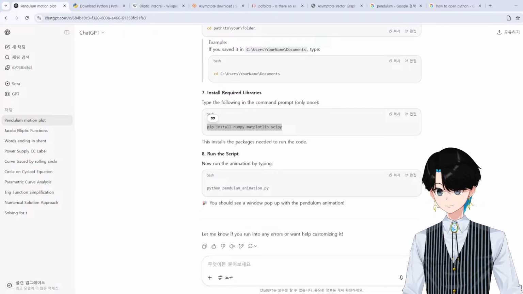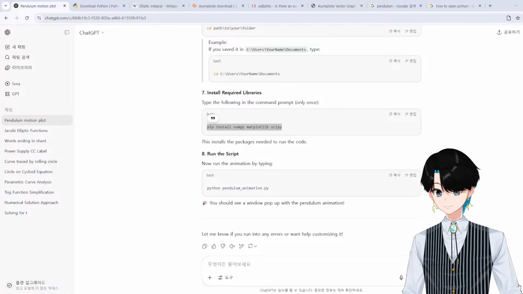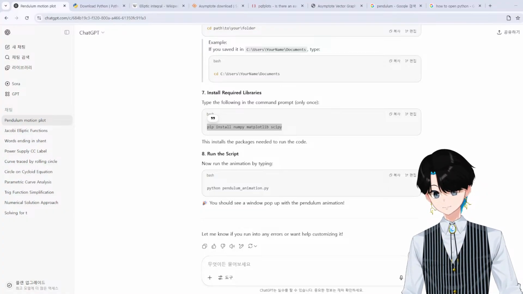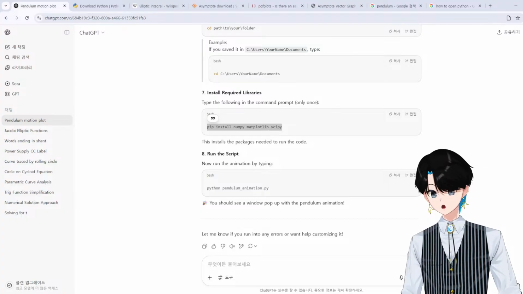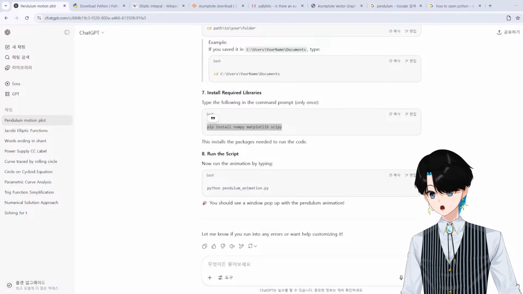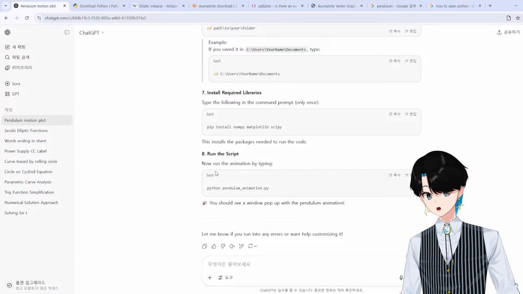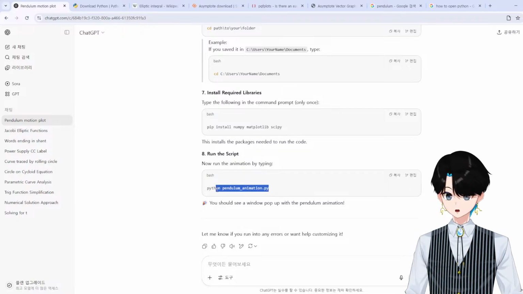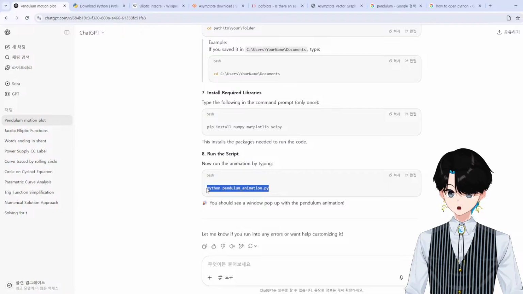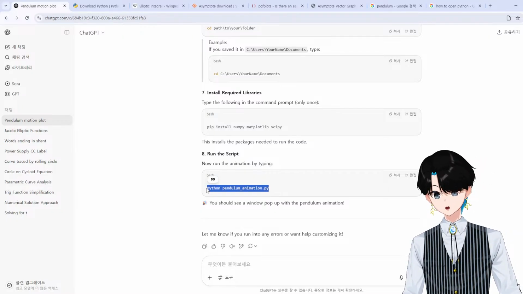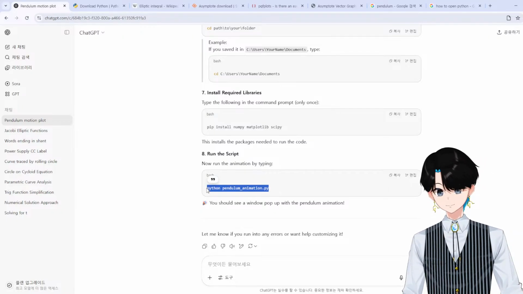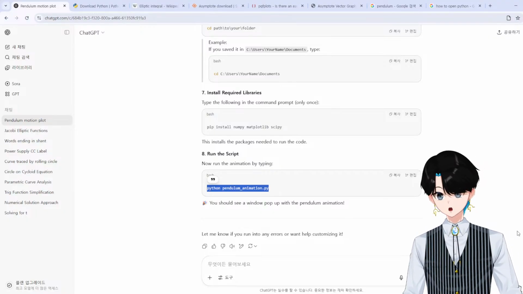Hold on. Oh shit. Warning, the script's F2P. Okay, run the script. Now run the animation by typing python pendulum_animation.py. You should see a window pop up with the pendulum animation.